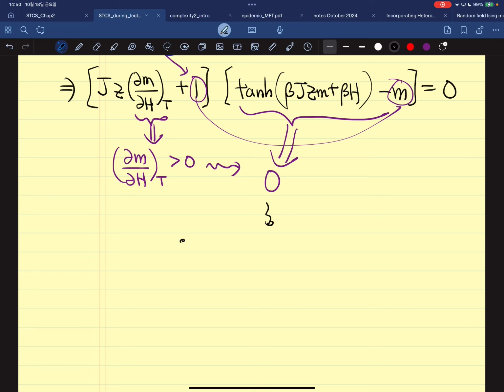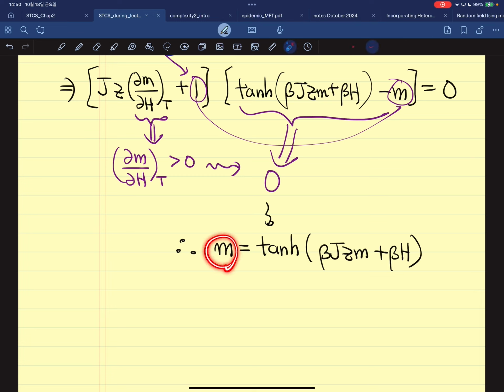So the final result is M should be the same as the hyperbolic tangent, and this looks really familiar, at least to me, because we already know that M is the hyperbolic tangent of beta H for when J is 0.